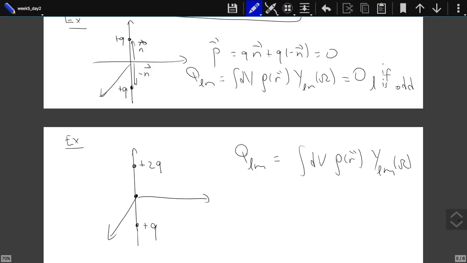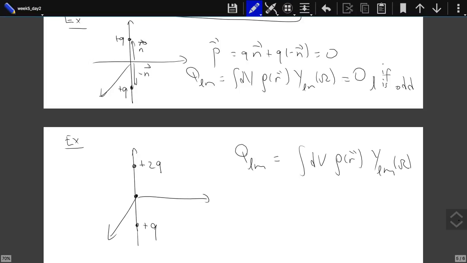For the above one, odd moments are 0. And your friend was asking, what about the below one? Would it still be true that for odd L, the multipole moments are 0? My answer would be no. They won't be 0. But then we have to understand why.